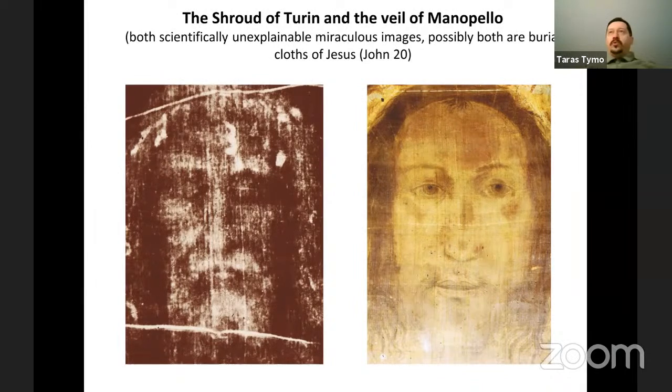Veil of Manoppello, if you Google it, there is a whole website dedicated to it. Manoppello is a town in Italy, a church in which has this image. And you can see that the image has typologically many traits that are very similar to those images we have seen multiplied by the painters in the 6th century.